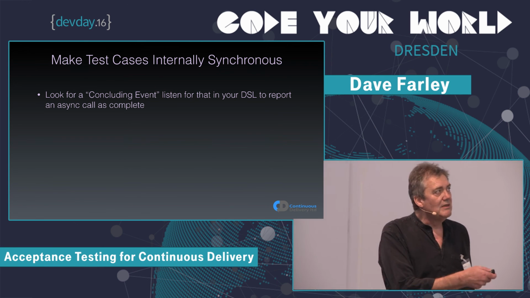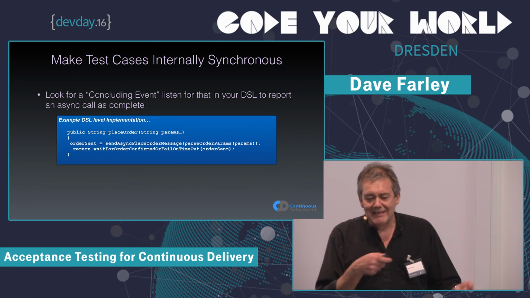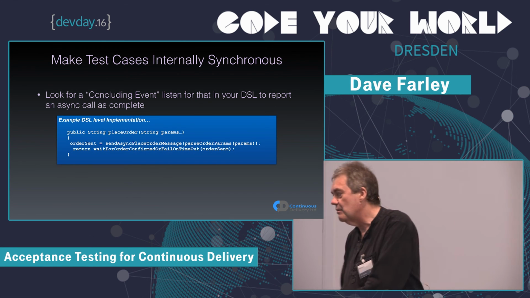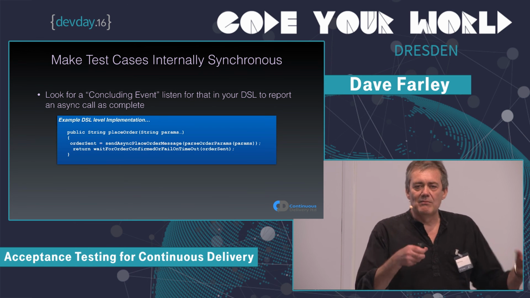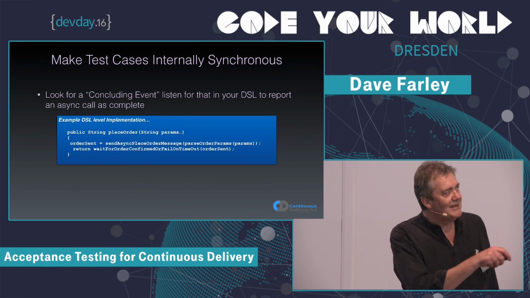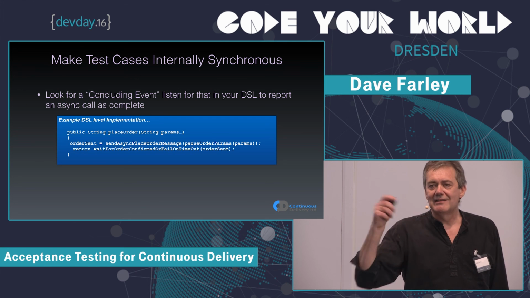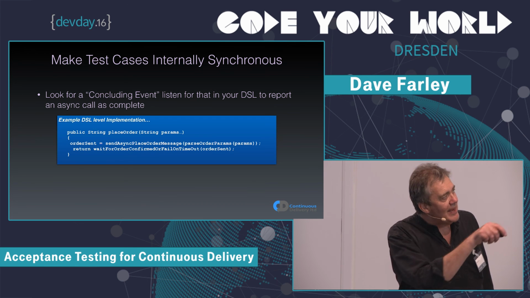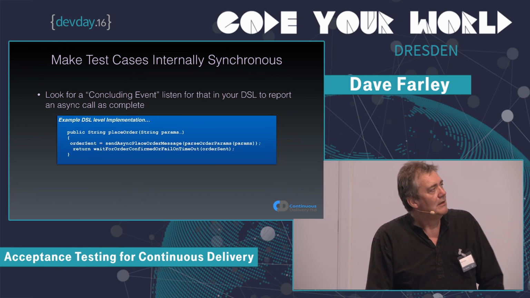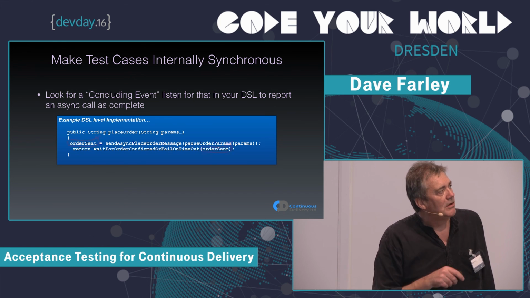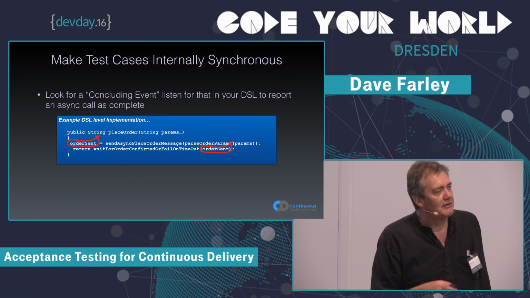A good way of doing this is to have a concluding event. There's nearly always an event that happens afterwards that you can trap and understand. As an example, let's imagine inside our DSL that we have an asynchronous call to place an order of some kind. Within our implementation of the DSL, we say, wait for the order confirmed message or fail on timeout.